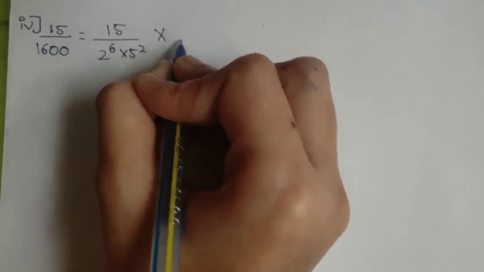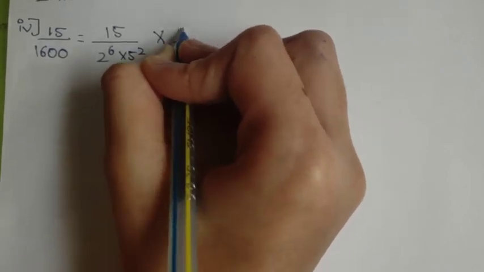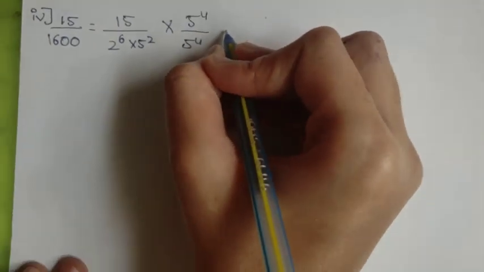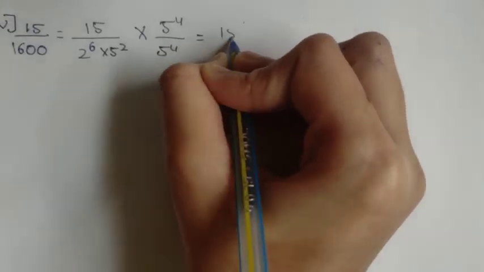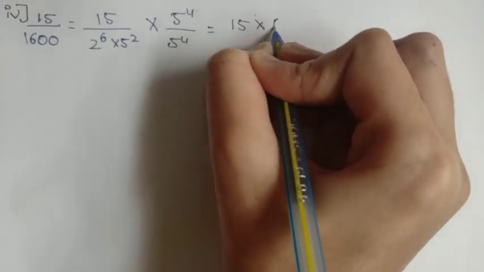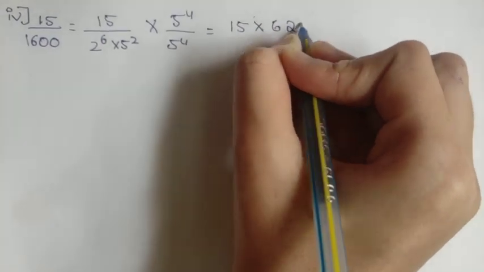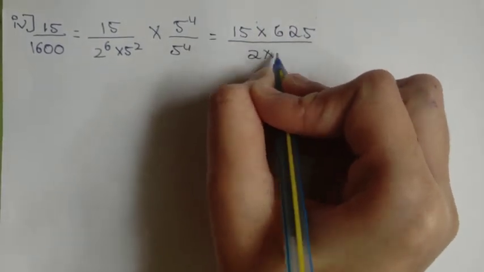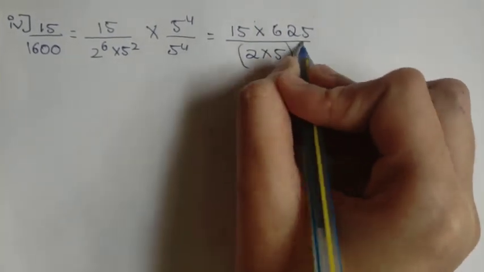So I'll multiply it by 5 root 4 and here 5 root 4. Okay, so this becomes 15 into 625 by 2 into 5, the whole 6.